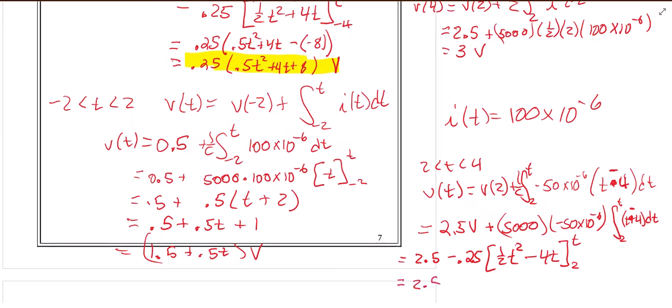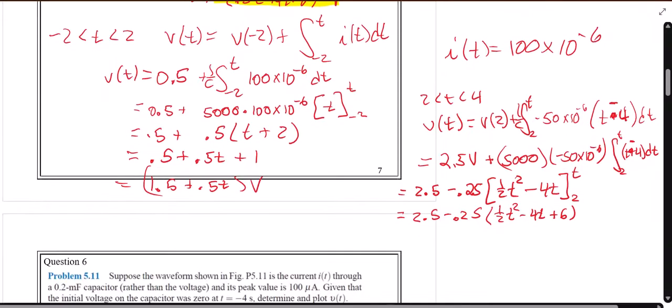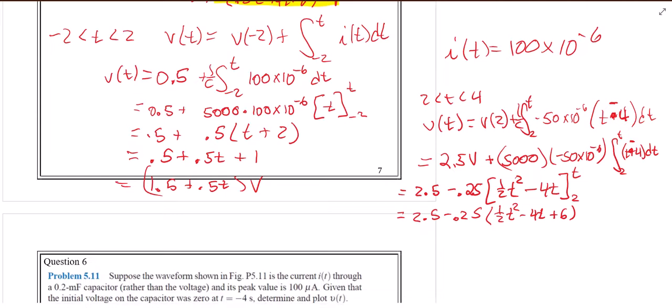Or 2.5 minus 0.25 1/2 t squared minus 4t. And then if you plug in 2, I think you get 6 or -6. So minus negative 6 is plus 6. And I'm just going to leave it like that. You could simplify it, but that's the number of volts.